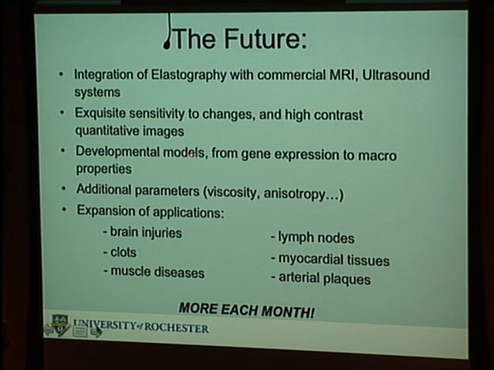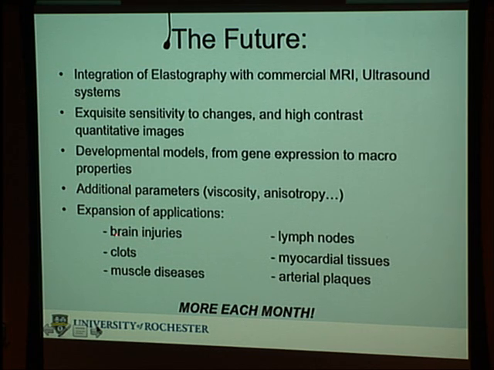Then developmental models, including understanding, in the progression of cardiovascular disease, how does the disease express the biomechanical properties from an early start, and then how do we pick that up with the imaging systems? Then there are additional parameters which I've touched on, but we don't really have time for. The higher order parameters of the biomechanics can be determined by clever repositioning of some of these forces and these techniques.